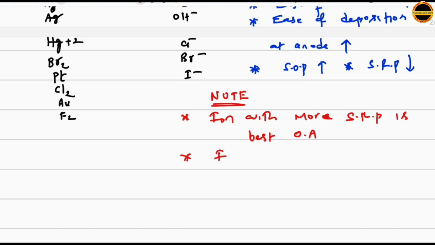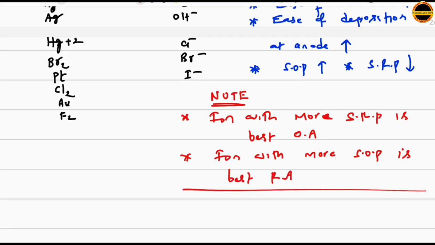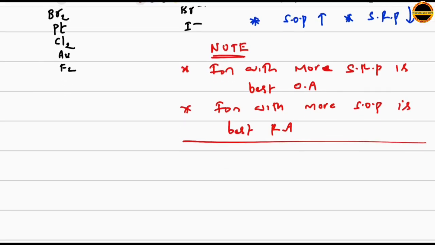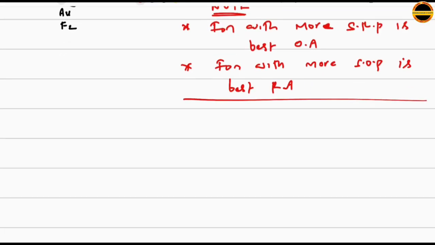Similarly, ion with more SOP is the best reducing agent. I think it is clear to everyone. Very important till here. Any doubt? Okay. Next, proceed further.